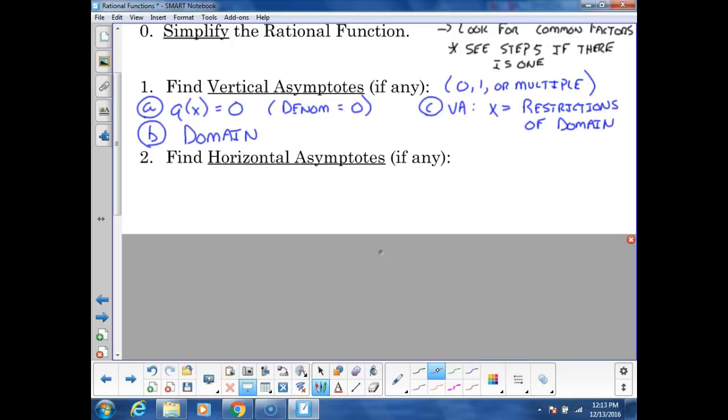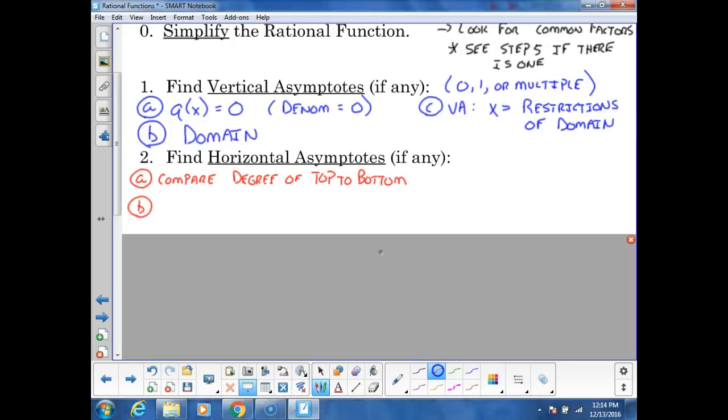I compare degrees, right? What are my three possible outcomes?